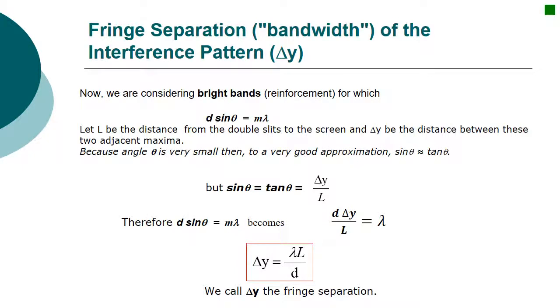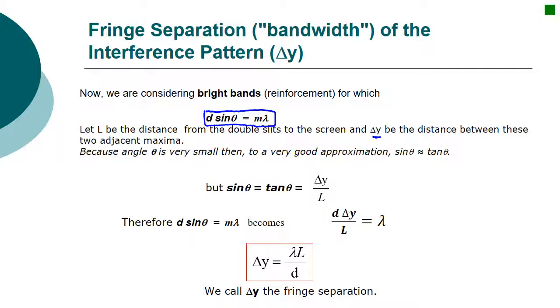Alright, because we're considering the bright bands, or reinforcement, we know from our previous formula that the distance between the two slits, d, multiplied by sine theta is equal to m, an integer, multiplied by the wavelength. We know that L is the distance from the double slits to the screen, and we've worked out that delta y is the distance between the two adjacent maxima.